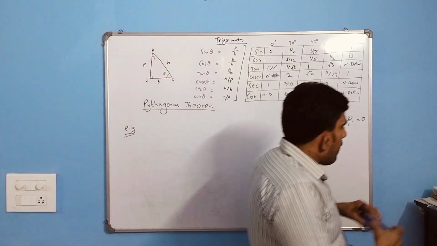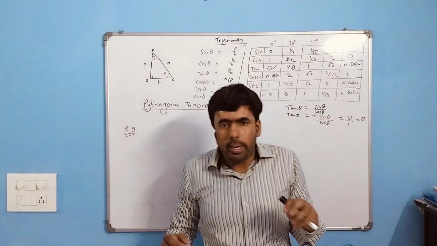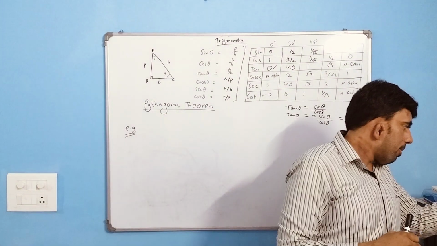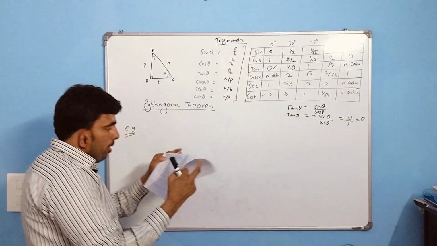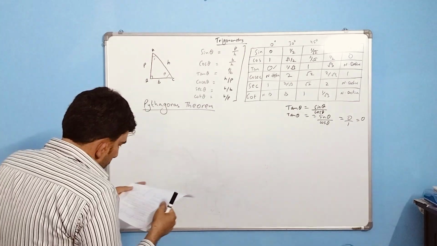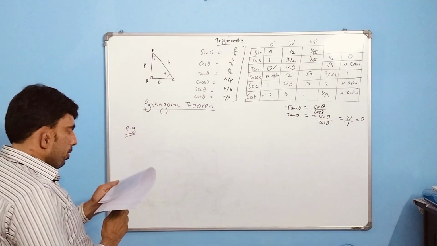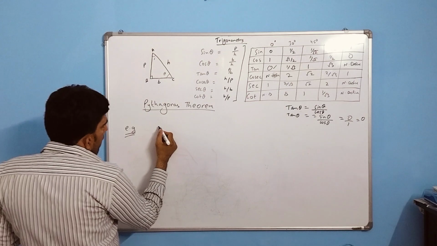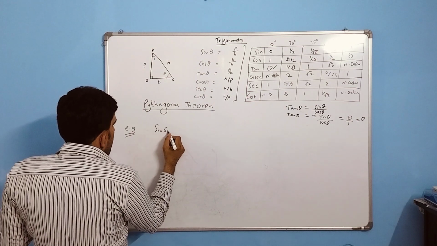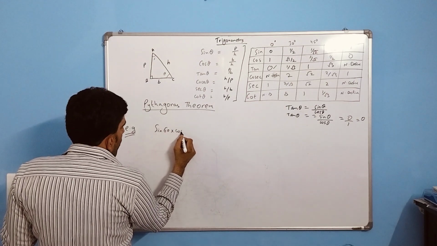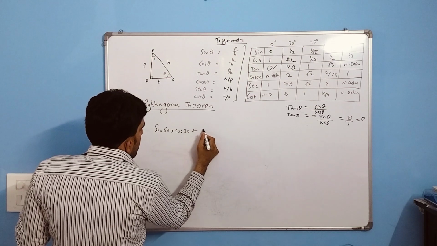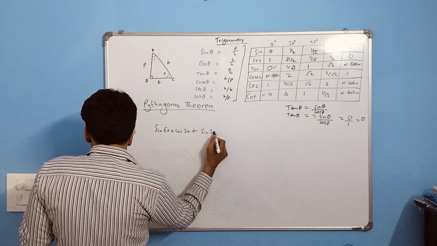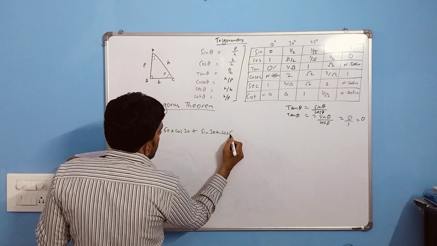Let us take examples now. I have a sheet of paper in my hand, so we'll see what example is written on this sheet. For example, they have given sin 60 multiplied by cos 30 plus sin 30 into cos 60.